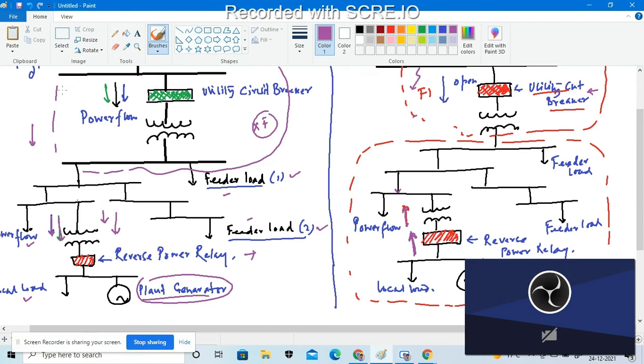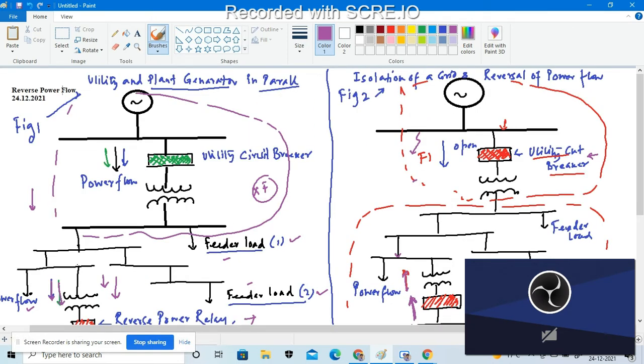Suppose I have one example for that. If I deal with an example, then we will understand the function of the reverse power relay and how it works in utility distribution sites.